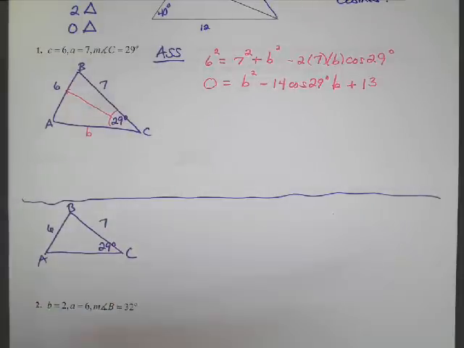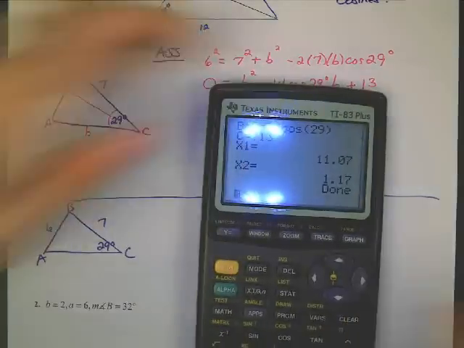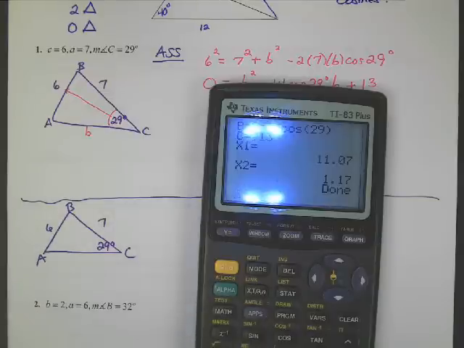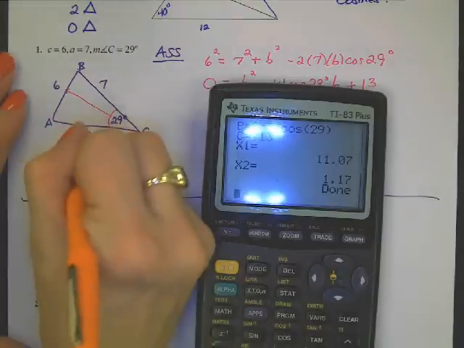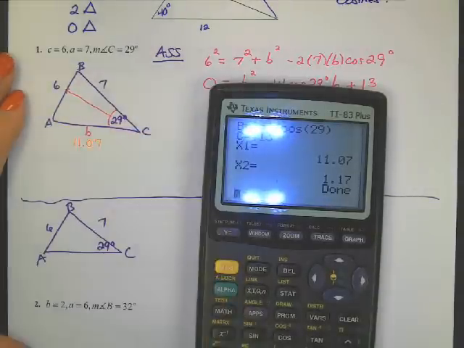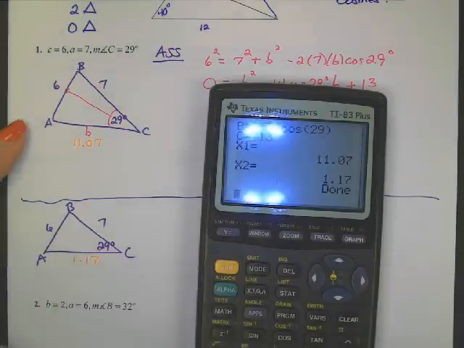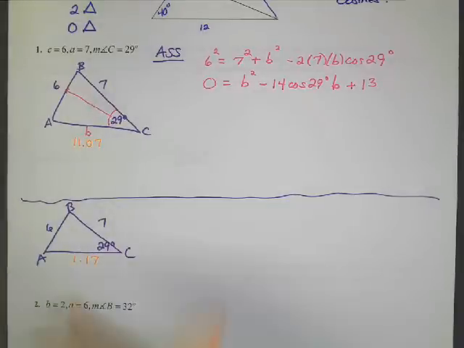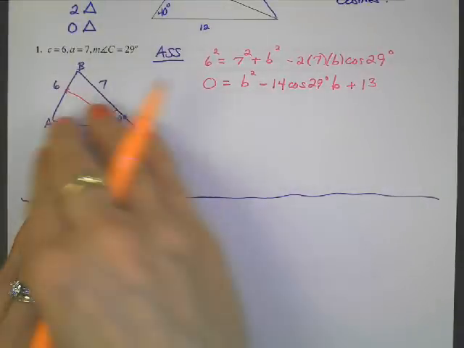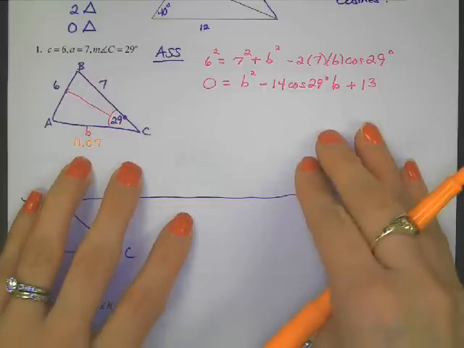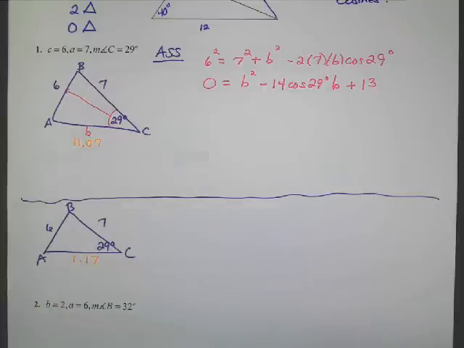Now it appears that side B, little b, could be 2 things. B could either be 11.07 or B could be 1.17. Now we're going to have to do two problems. Let's go back up to the top here, and we're going to finish this top triangle. Then we'll do a second triangle.